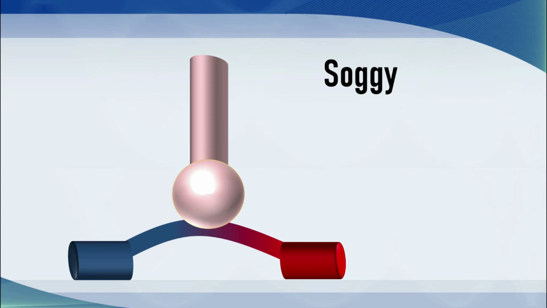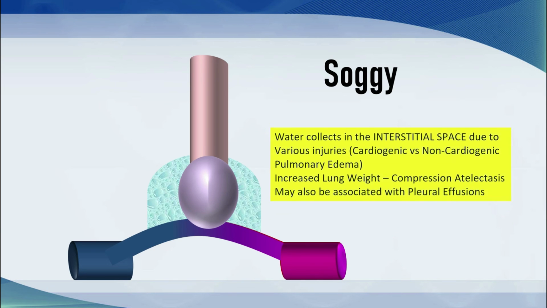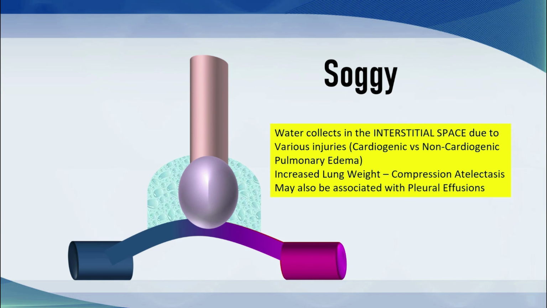The second cause is within the interstitium, and I call this soggy lung. Soggy lung refers to water collecting in the space outside the blood vessels and outside the alveoli. So the interstitial space gets soggy and fluid collects there.